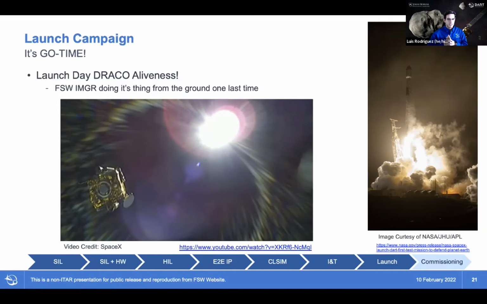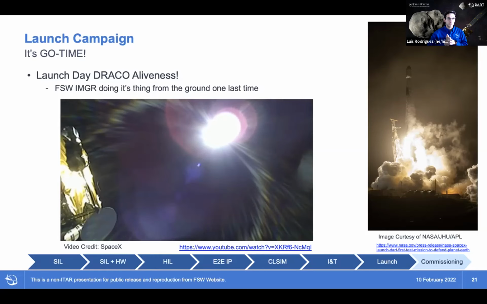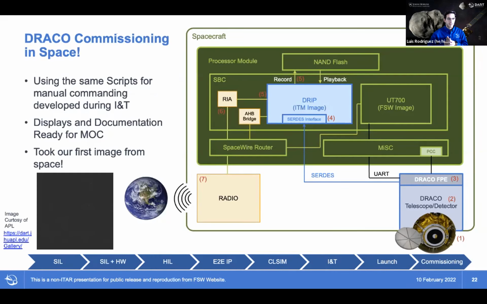Because in the next slide comes the part about now your software is in space, and you need to configure DRACO and open its eye, like DART's eye, for the first time while you're in space.